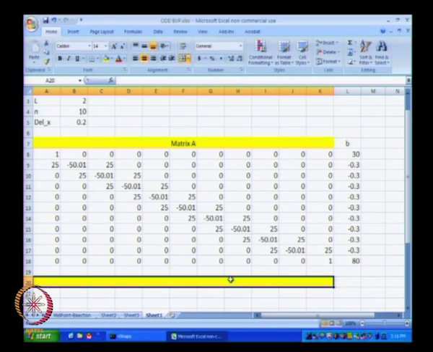However, because we do not want to go into using a tridiagonal matrix algorithm, instead I will just use matrix inverse in order to solve this problem.